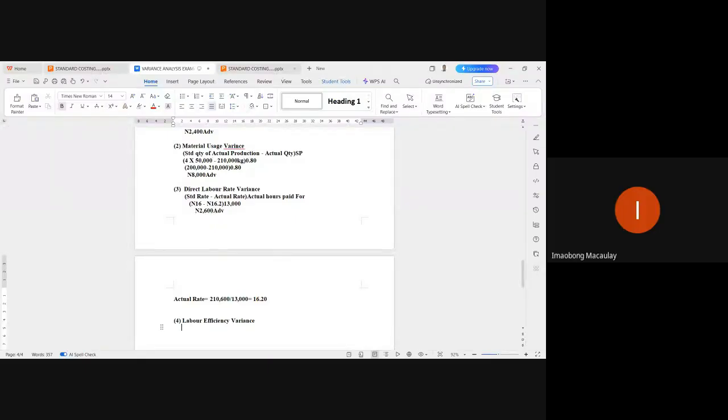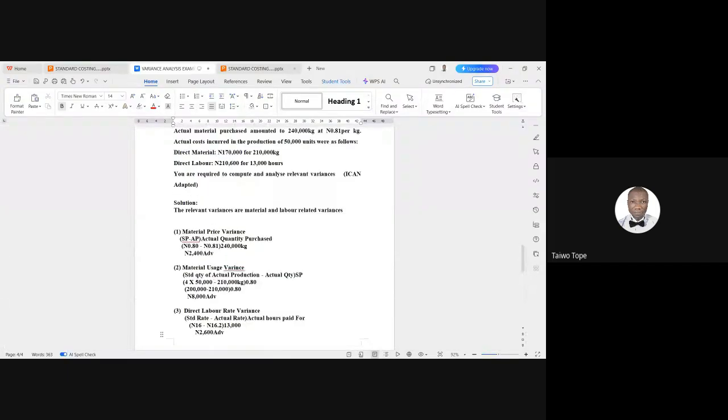Standard hours based on actual production minus actual hours, multiplied by the standard rate.